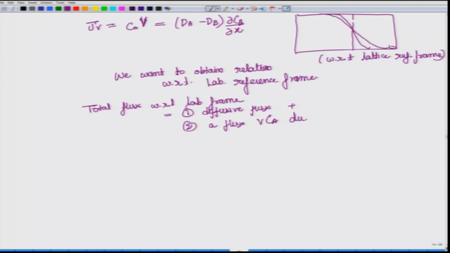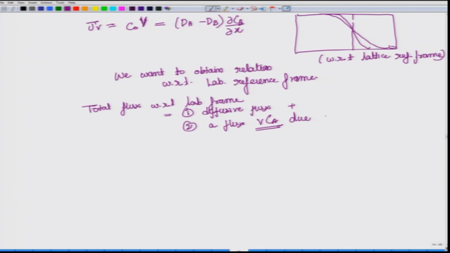So, when we are talking about the concentration change in A, there is also a change in concentration because of the movement of lattice. That will be represented by VCA. This is an additional term when we move on to the laboratory frame of reference.